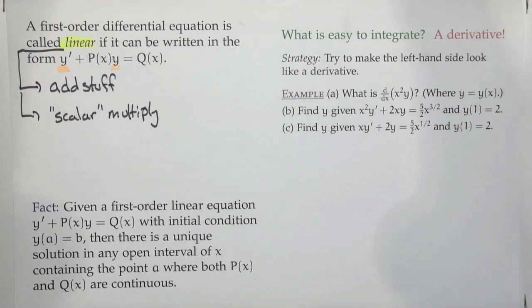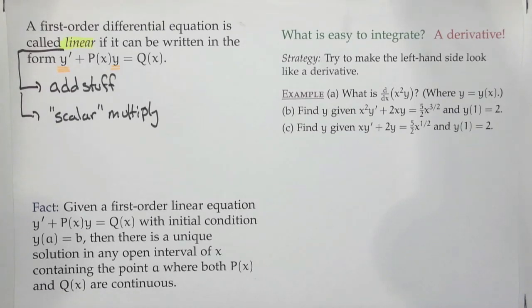And we start by asking ourselves a question. What's easy to integrate? Well, the answer's right there. A derivative is easy to integrate. And so since we're solving differential equations, so these equations with derivatives, the favorite thing that we would want to do is say, I see a derivative, because then life is good.